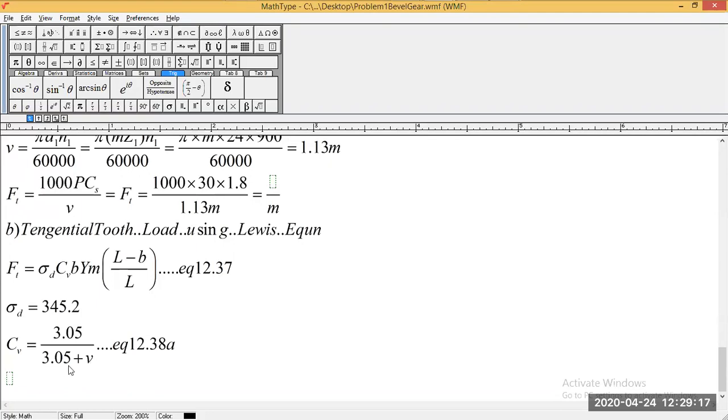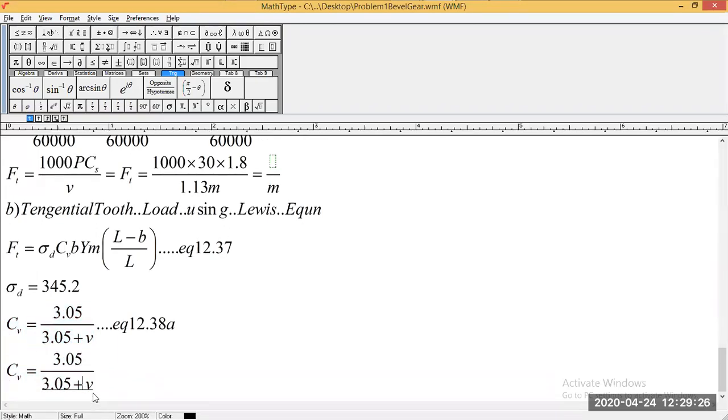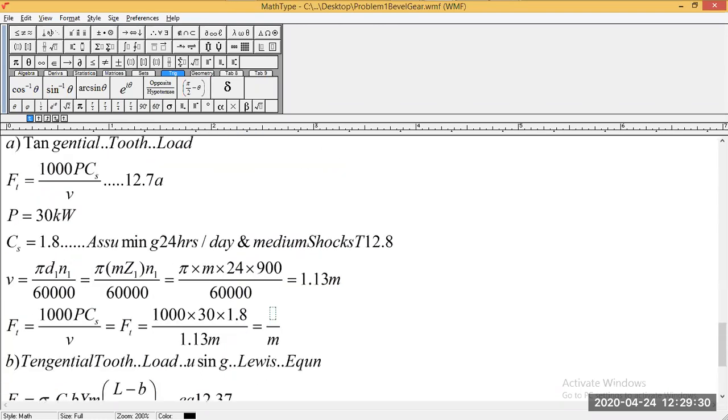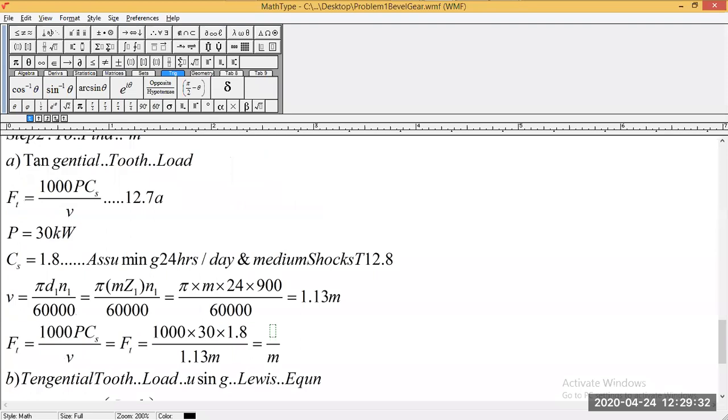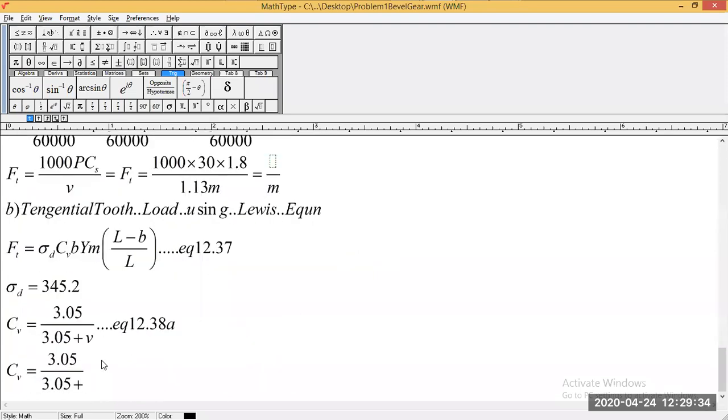Let's simplify this. V here is what we found before, 1.13. Right, so we have our CV.